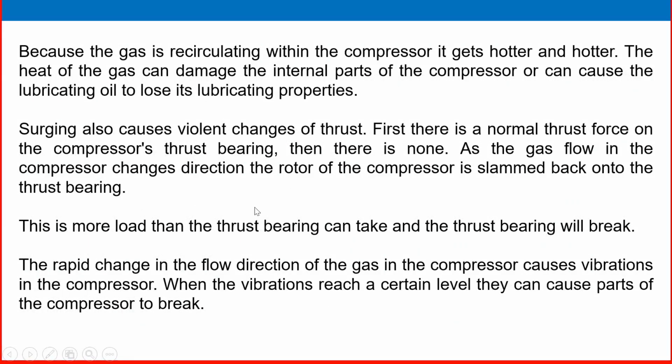Because the gas is recirculating within the compressor, it gets hotter and hotter. The heat of the gas can damage the internal parts of the compressor and cause lubricating oil to lose its lubricating properties. Surging also causes violent changes of thrust.